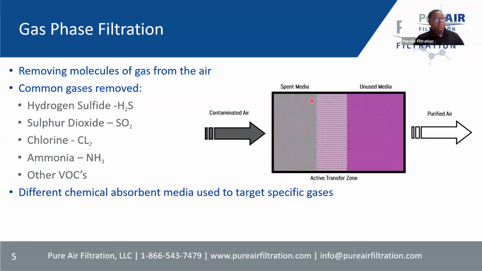As the air moves through the media bed, it'll spend this first set of media and slowly move into here, where you'll have some media still available for adsorption, as well as the remaining media that hasn't been spent. As the air moves through and spends the media, eventually clean air will come out on the other side, and eventually the media will have to be replaced.